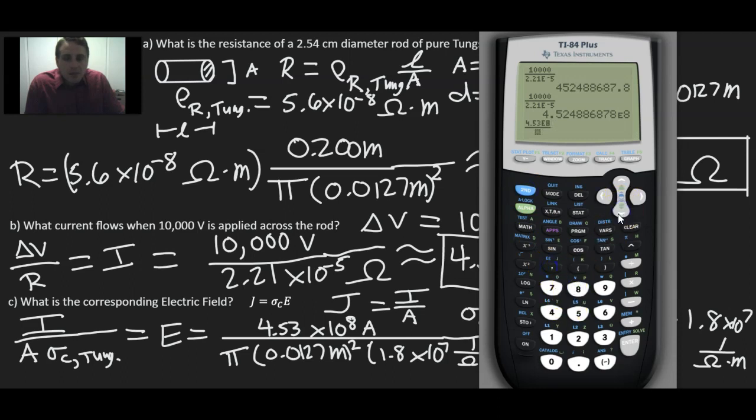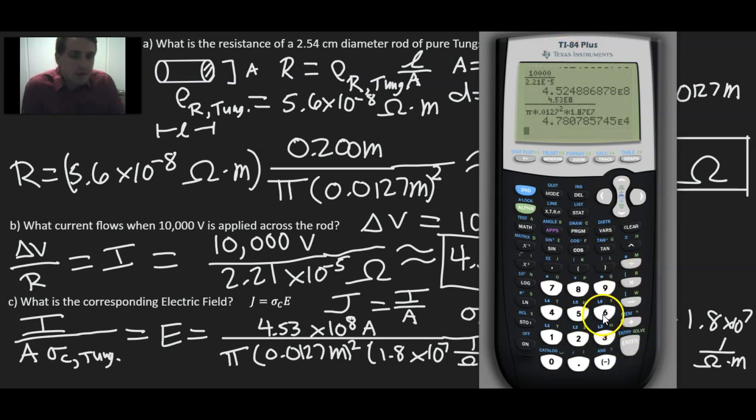And let's divide that by pi, there it goes, times 0.0127 times 10 to the, or sorry, that should just be 0.127. Sorry for that. And then squared. That needs to be squared. And times 1.8 times 10 to the 7th. Okay, so I think this is what we need.